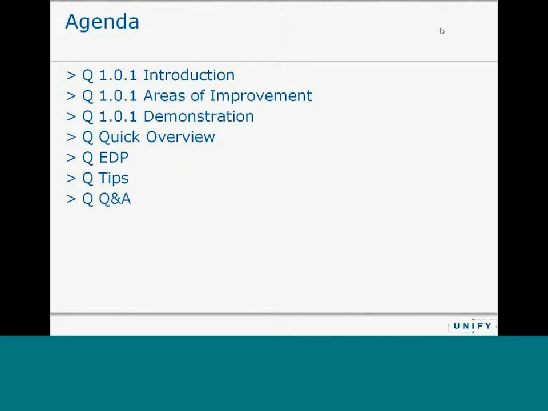A quick overview of all the features of Q. I will talk a bit about the Q EDP that can be used to build into applications and deploy together with your applications. I'll give you a few Q tips, and I will talk about reusing Quest query and report files, and I actually will show you that. And then, of course, questions and answers. And as Paul mentioned, please put your questions into the Q&A panel of the WebEx tool.